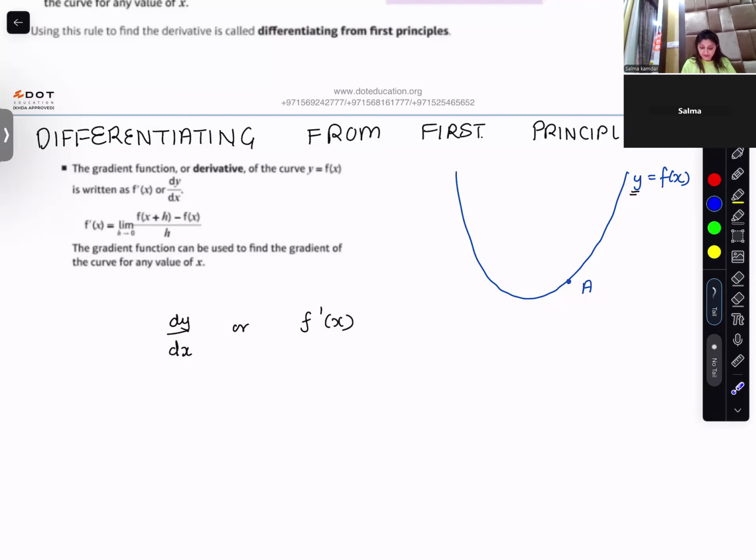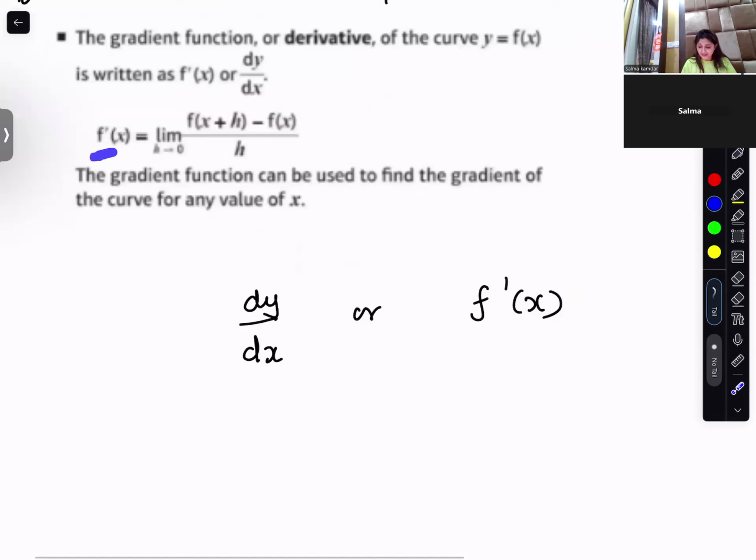And the formula for it is f dash x, the gradient of the curve, is the limit as h tends to 0 of f of x plus h minus f of x, the whole divided by h.